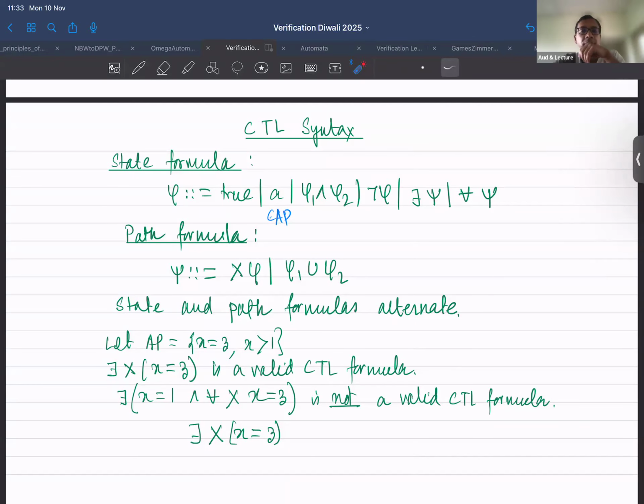Good. Okay, so let's start. CTL is about this branching time logic, whereas LTL was a linear temporal logic, right?